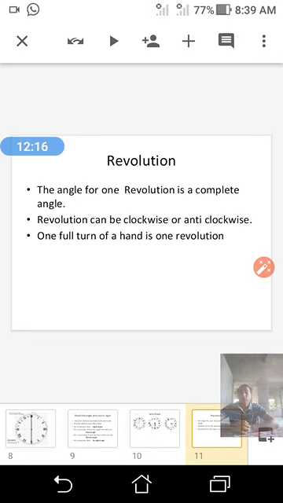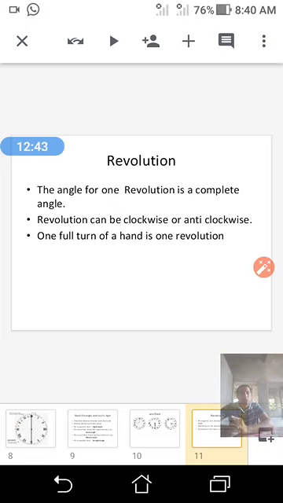As I have told you, clockwise and anti-clockwise. Let us see where it comes from. First thing is revolution. The angle for one revolution is a complete angle. As you know, rotation of earth, revolution of earth, you must have heard the word revolution. Moving around another object and completing a circle is known as revolution.